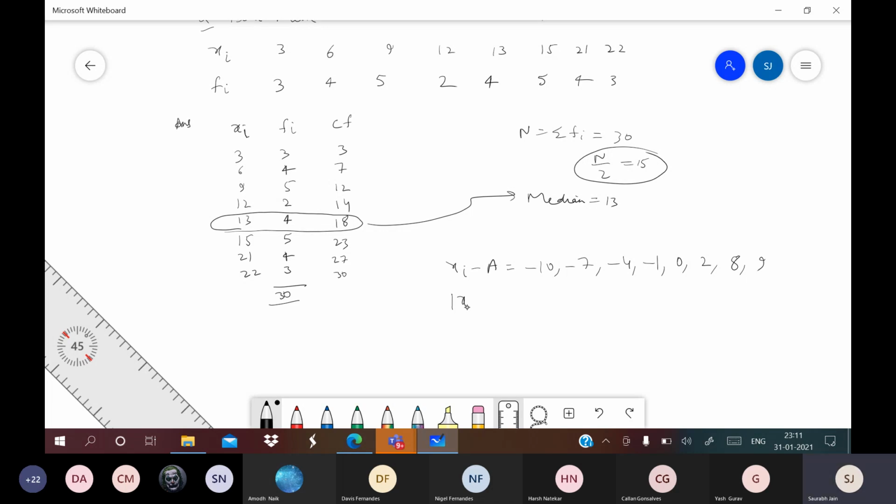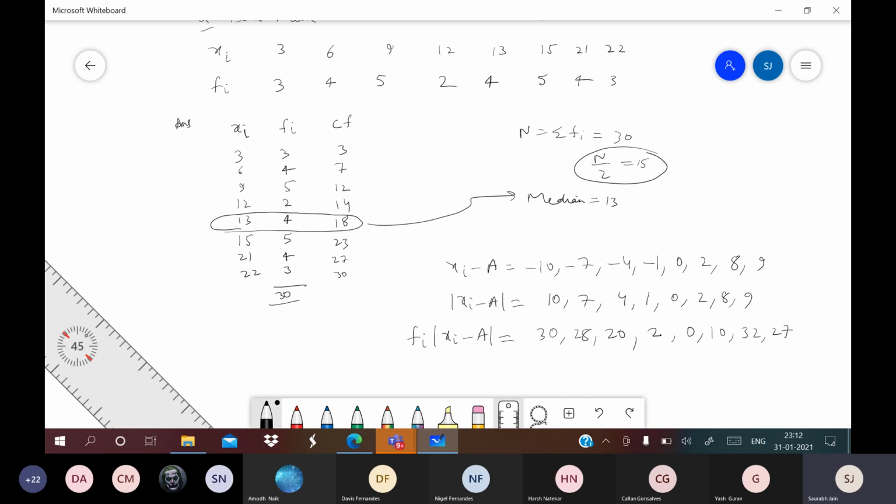Then you find the modulus values: 10, 7, 4, 1, 0, 2, 8, 9. Then you multiply by their corresponding frequencies. This is 30, 28, 20, 2, 0, 10, 32, 27: 10 into 3, 4 into 7, 5 into 4, 2 into 1, 4 into 0, 5 into 2, 4 into 8, 9 into 3.